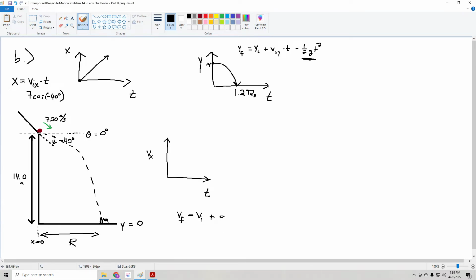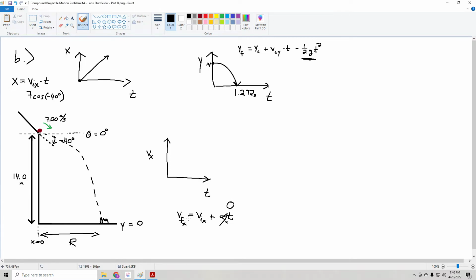Plus a t. And we'll do x subscripts on this because we're operating on the x velocity. What's nice here is there is no acceleration in the x direction. There's no sideways gravity, if you want to think of it like that. So it doesn't matter what t is because the x component of an acceleration is 0.